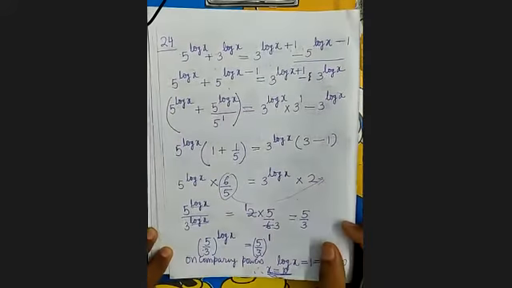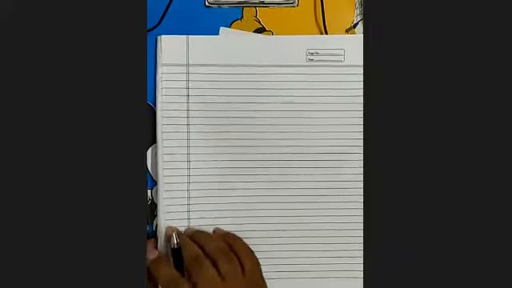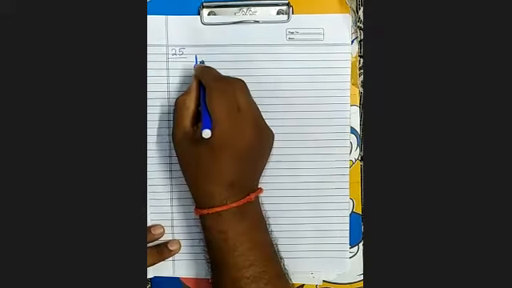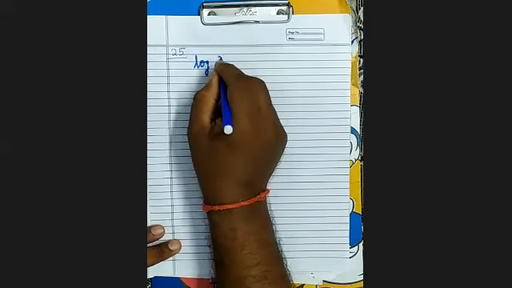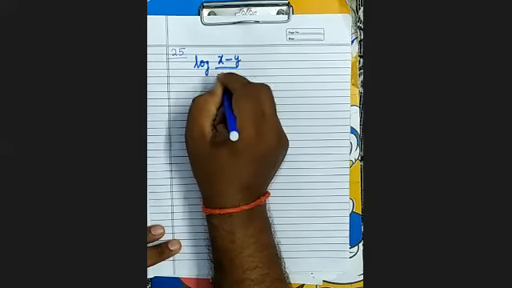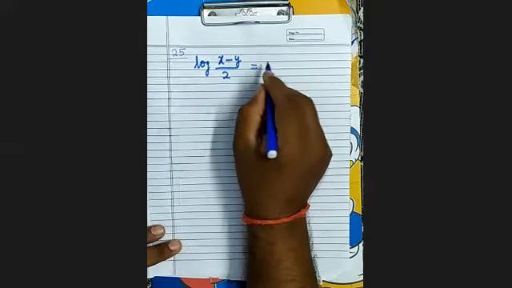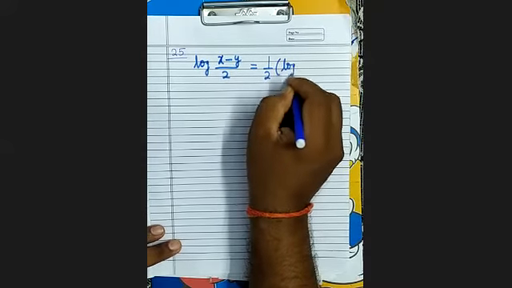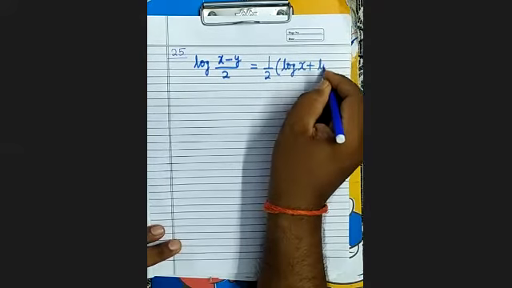Now see here, question number 25, 26, all are of same type. Both the questions. You can see here, in question 25 it is given log of (x minus y) upon 2 equals 1 by 2 (log x plus log y).